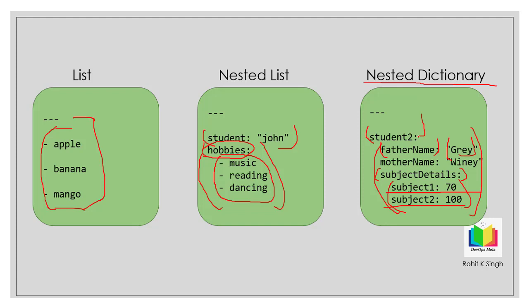Student 2 has father name and grade. Like this student 2, you can have student 1, and that becomes a list for you. Then student 3, 4, 5, 6, 7, and 9, 10. Mother name and the value. Student detail, subject 1, subject 2. This is called a nested dictionary, and this is a nested list. These are the three formats you see right now in front of you: list, nested list, and nested dictionary.